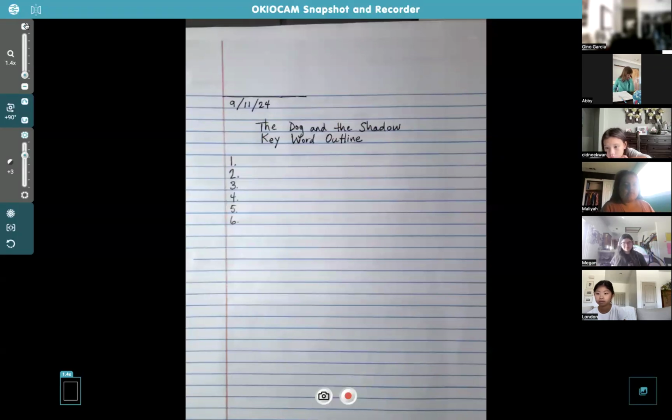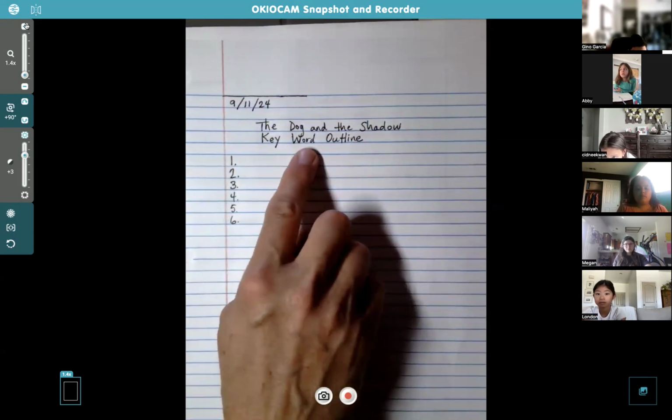So an outline means when you only use a few words, like not very many words, almost like taking notes. That's what an outline is. It's not all the words because we already have all the words in the story, but this would be like just taking notes on the story. And then I see the words keyword.